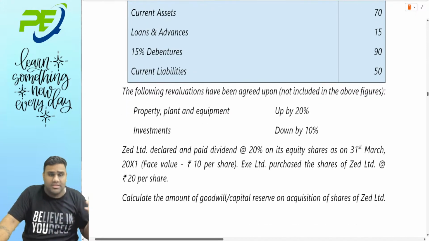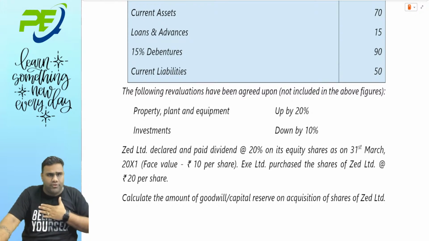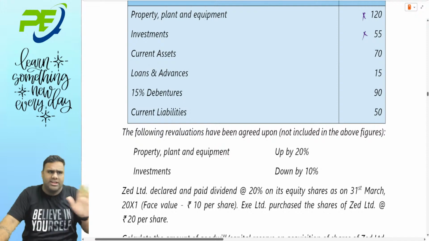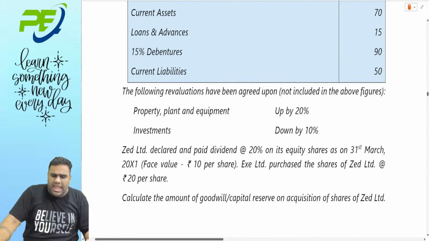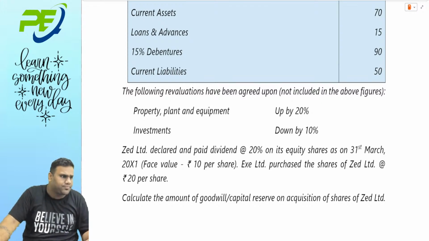They have 70% of the number of shares. Not given. So we have to find out. And face value is 10. Where is the amount given? Balancing, here we have to calculate. It's not given. X Limited purchased the share of Z Limited at 20 per share. Calculate the amount of goodwill or capital reserve on acquisition of shares of Z Limited. Can I begin, everyone? Yes.